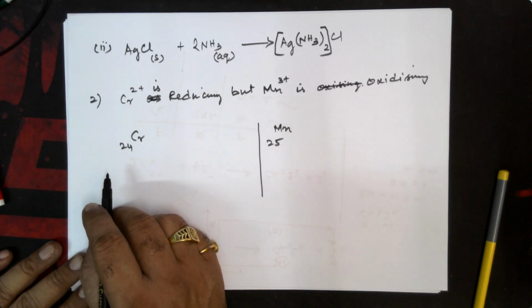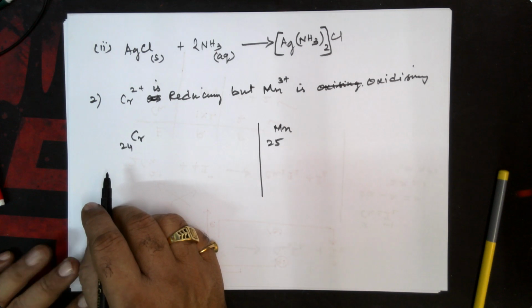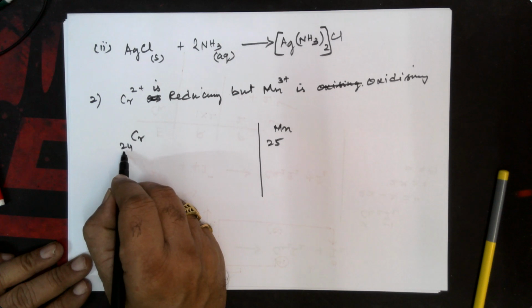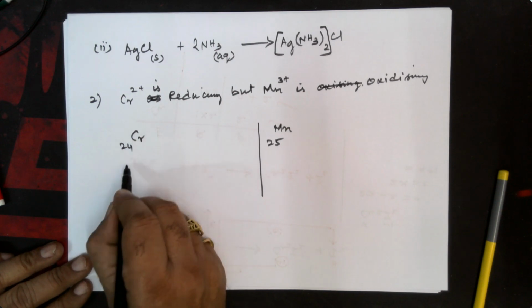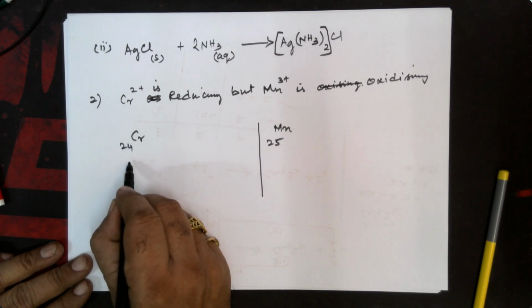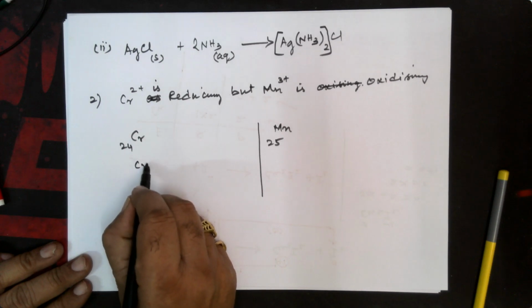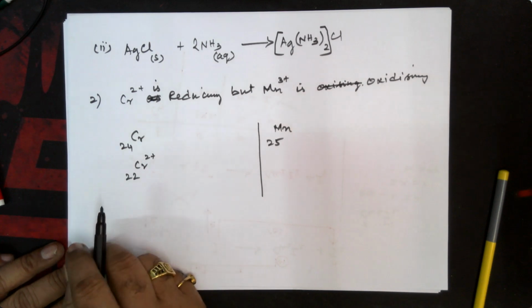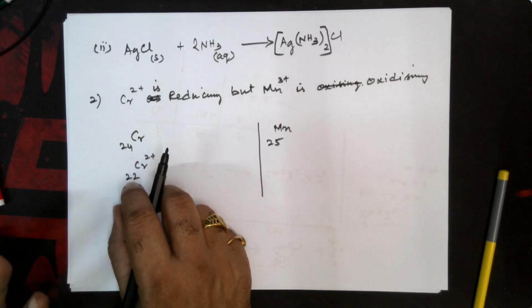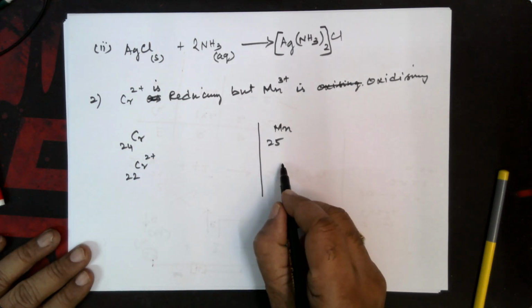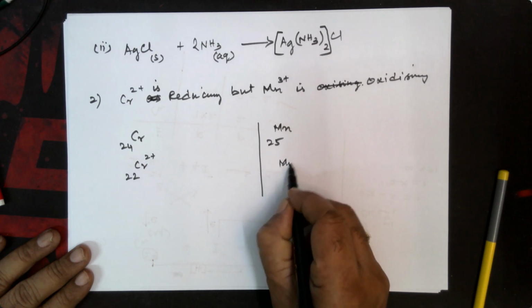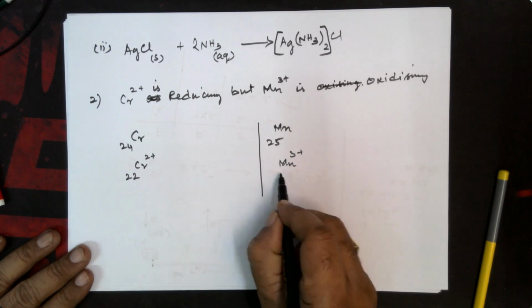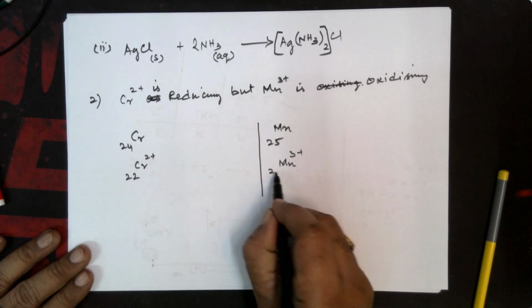Argon, 18. So chromium 2 plus has 22 electrons, since the electron number has come down. What about manganese? Manganese 3 plus means how many electrons? 22.